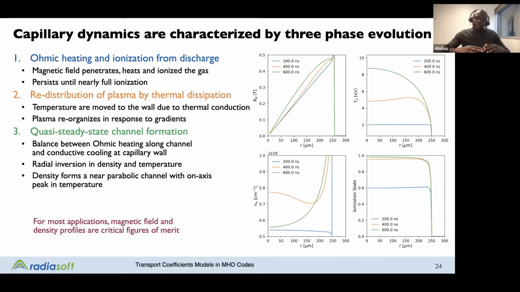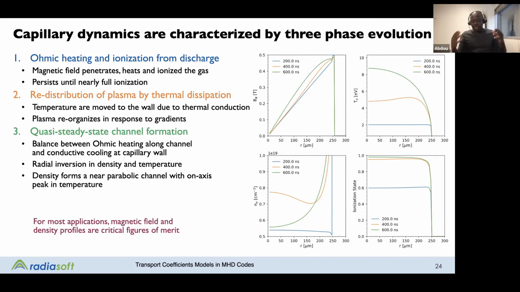After that phase, a new phase starts where you have a hot plasma inside the channel, and the walls are very cold. So thermal conduction moves the heat towards the wall.